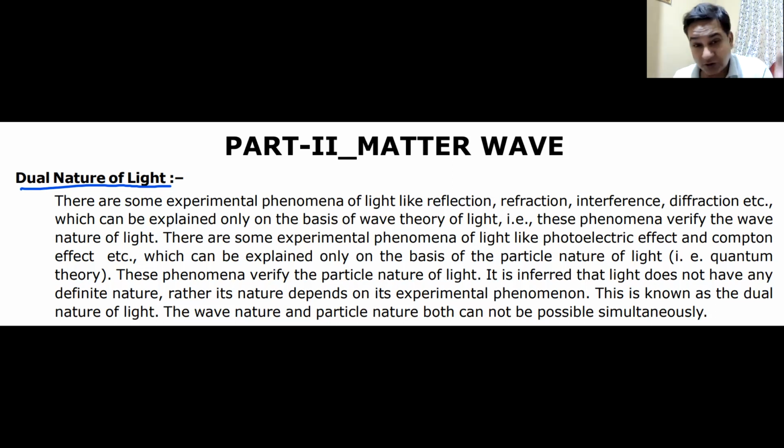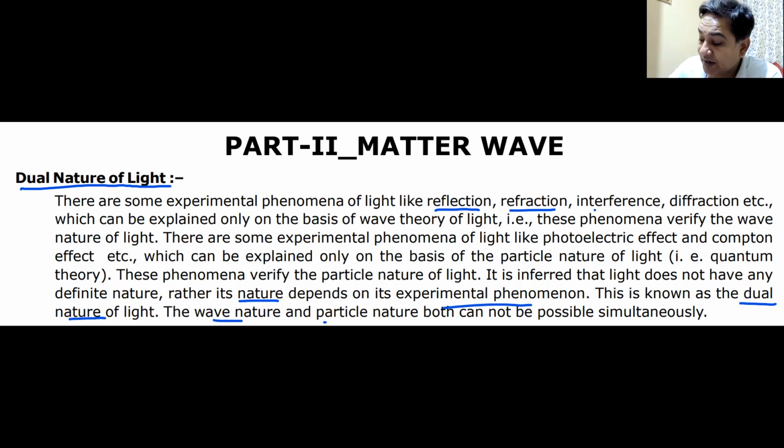We have done the entire topic and we don't know what is explained. Anyways, there are some phenomena which can be explained by both particle theory and wave theory, whether it be reflection, refraction, or polarization. We can explain it by both theories. That means light's nature depends on the experimental phenomenon. This is known as the dual nature of light.